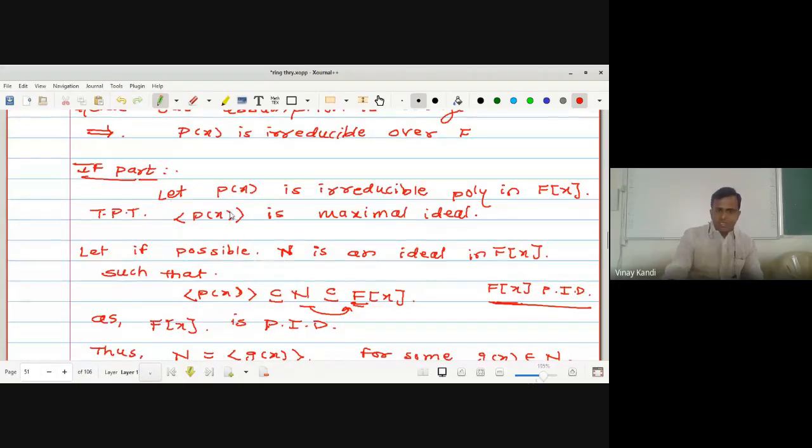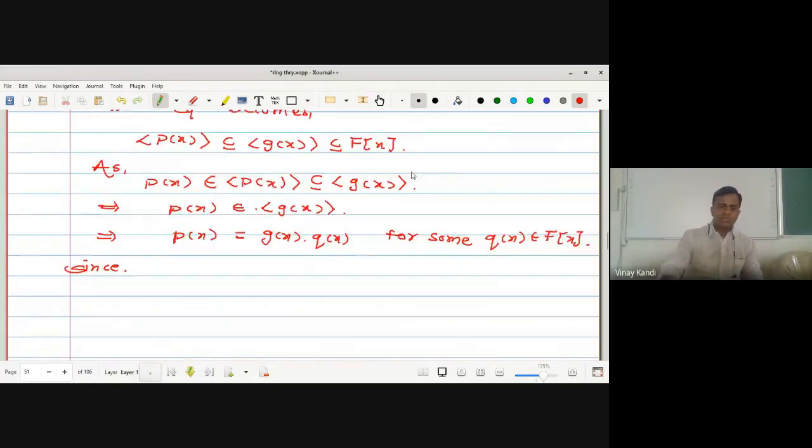if part, p of x is an irreducible polynomial. Okay, p of x is the irreducible polynomial. So what is the definition of an irreducible polynomial? If a polynomial is irreducible, can I write it as a product of two polynomials? No. And if it can be written, then who must it be? Either g of x is a unit or q of x is a unit.